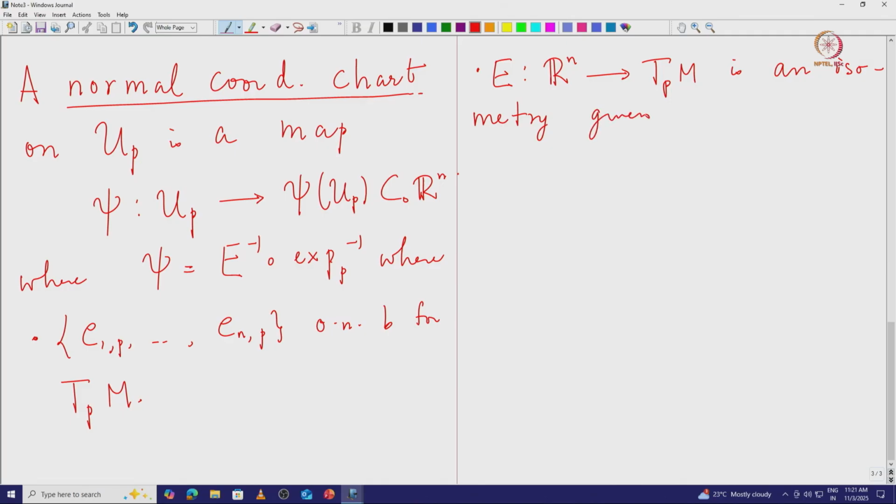So R n with the usual inner product, T P M with the inner product coming from the Riemannian metric. This capital E is going to be an isometry given by the following formula. So E of u1 up to un: you take a row vector u1 up to un and just send it to the summation of u i e i. Okay, so psi is basically given by this composition.